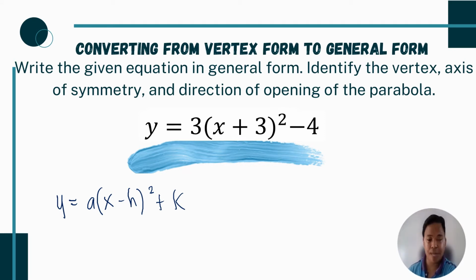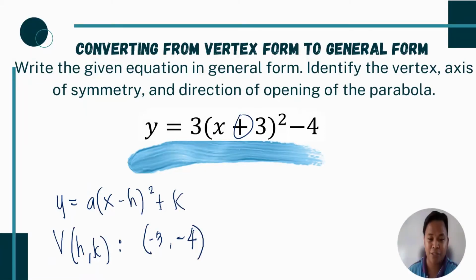Then, we are to determine the vertex of this function, the coordinates h, k. Then, the vertex is at negative 3, negative 4. Since this is plus, and the sign here is minus, if we're going to write it as x minus h, we have x minus negative 3.